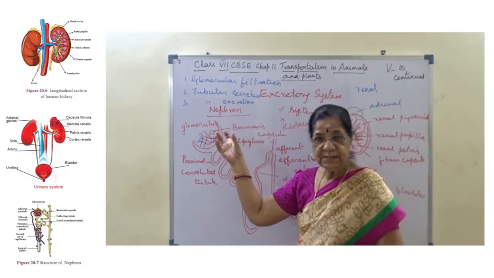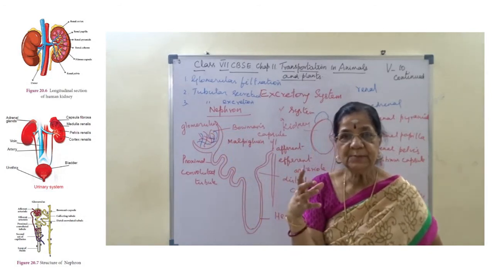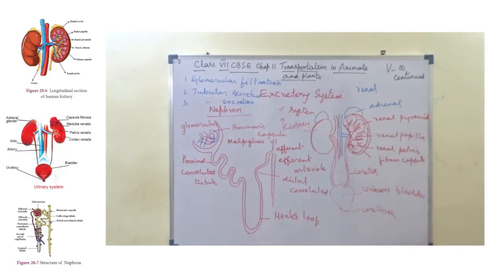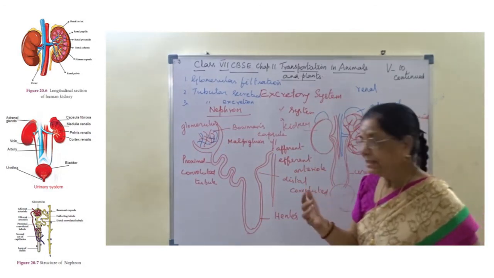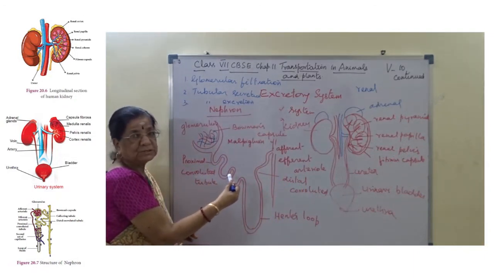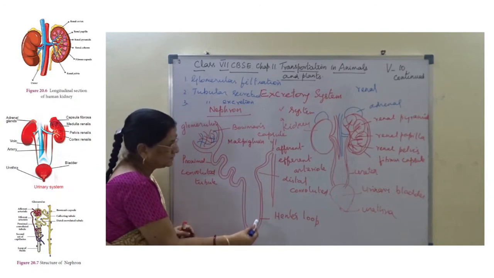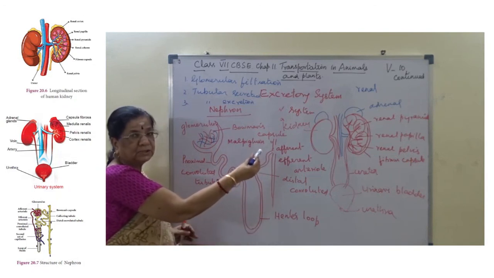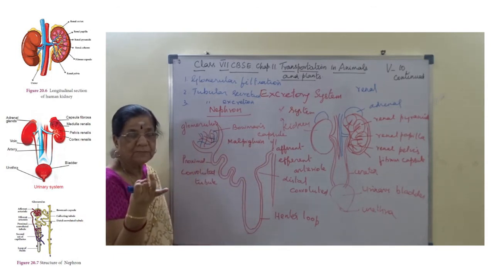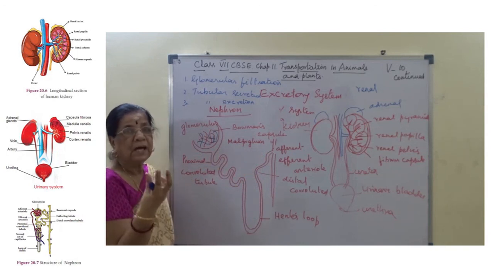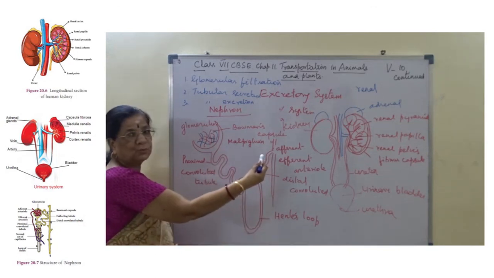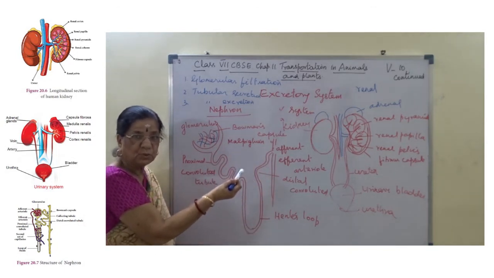What happens? The glomerulus filters out the nitrogenous waste, and that is sent out through the proximal convoluted tubule, Henle's loop and distal convoluted tubule. During this passage, sodium, potassium, calcium, glucose, amino acids and other useful substances are reabsorbed in the convoluted tubule.